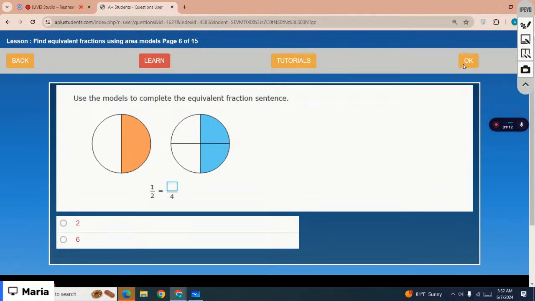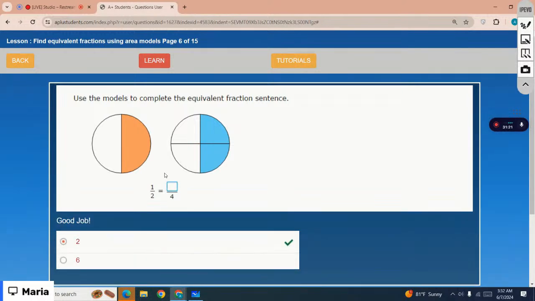The correct option is 2 by 4. Option number 1 is the correct option. Okay, you can complete the lesson by yourself later today. Let me just move on to the next lesson.